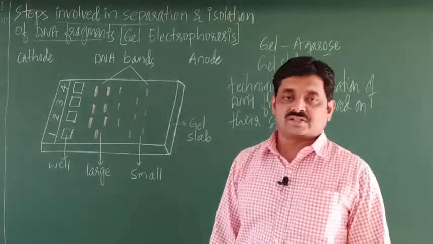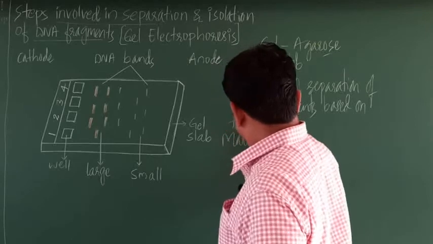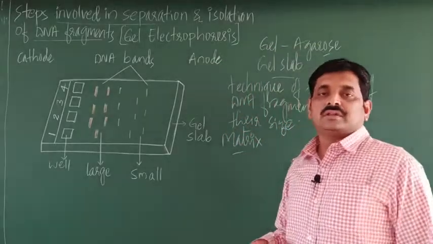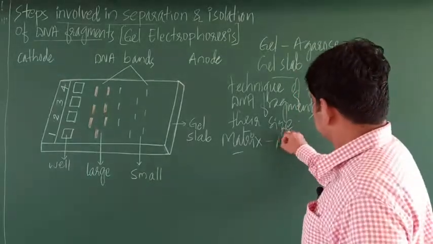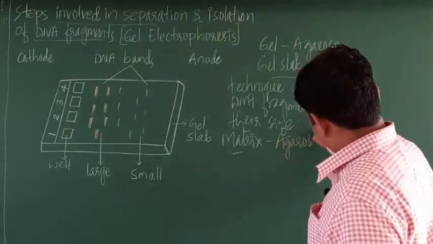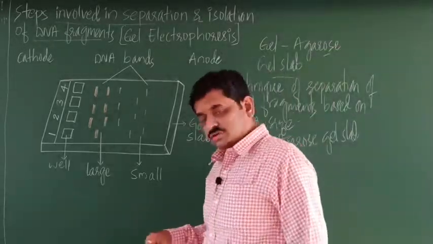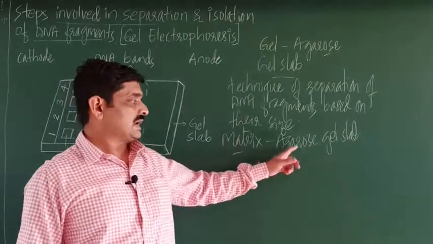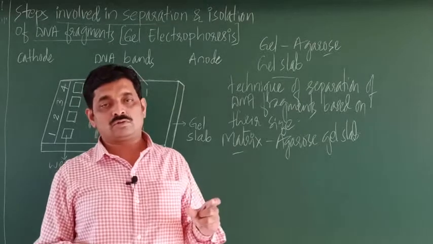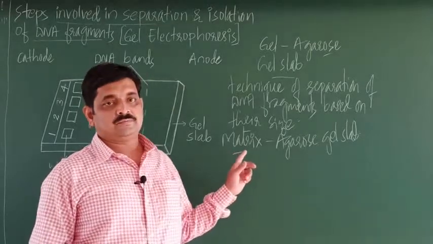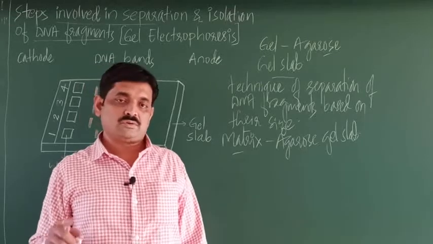So the matrix that is used in the gel electrophoresis is agarose gel slab. So agarose gel slab, a rectangular block of agarose, it is the matrix that is used in this technique of electrophoresis.